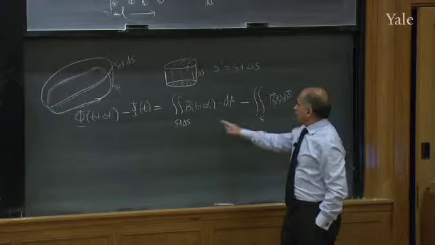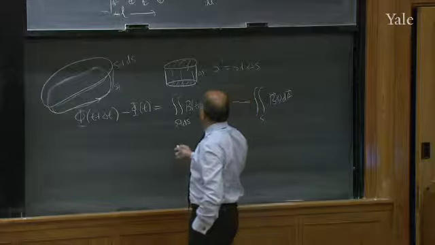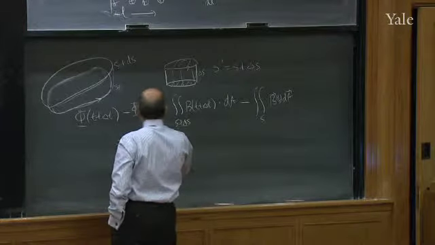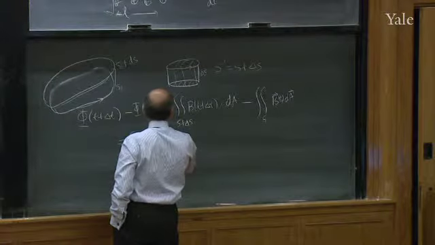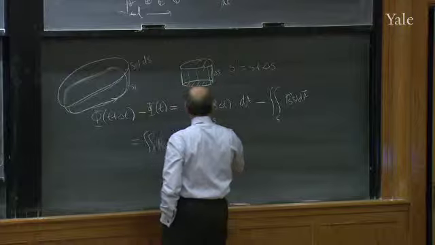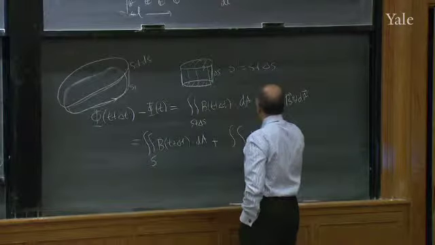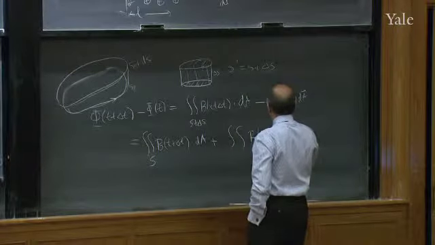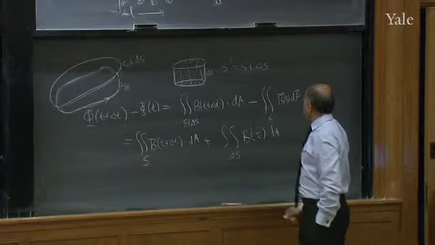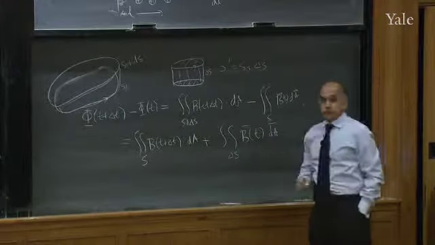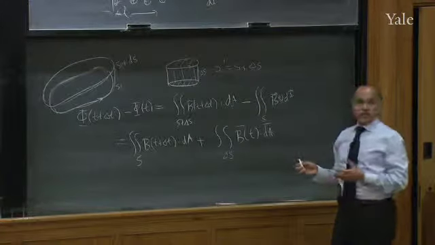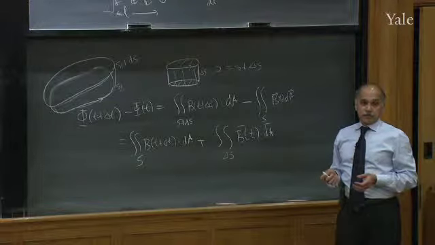That's why. So the integral of B at t plus delta t dot dA, you can write as the integral of B at t plus delta t dot dA on S, plus the integral of B of t dot dA on delta S. In other words, the surface integral is changing for two reasons.